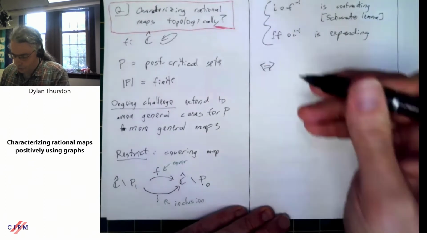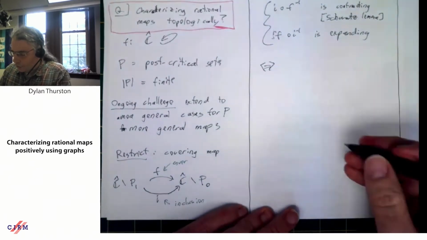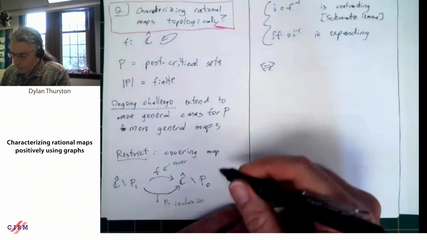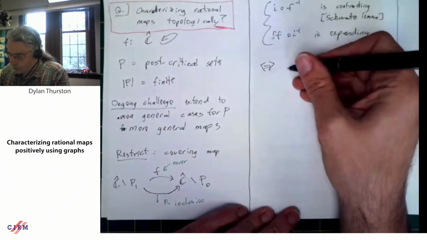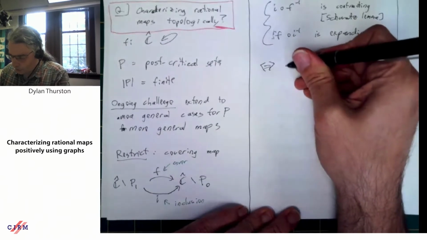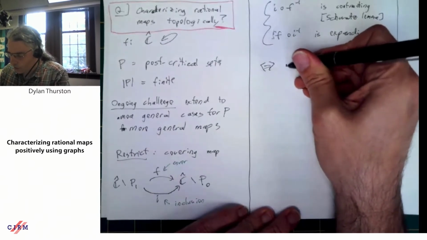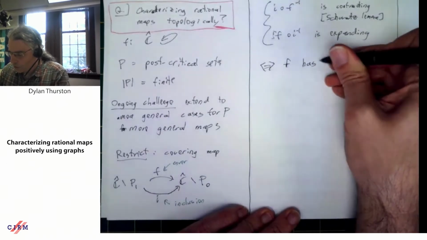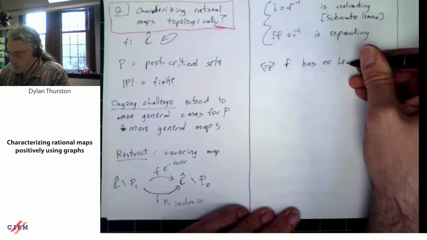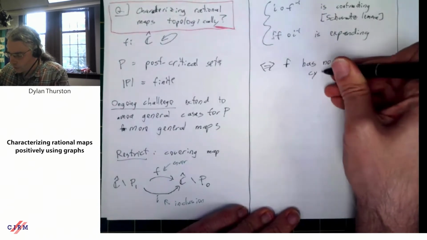You can also see it in a purely topological way, and in this setting, there are going to be asterisks on various theorems, but this is equivalent in most cases to saying F has no Levy cycles.